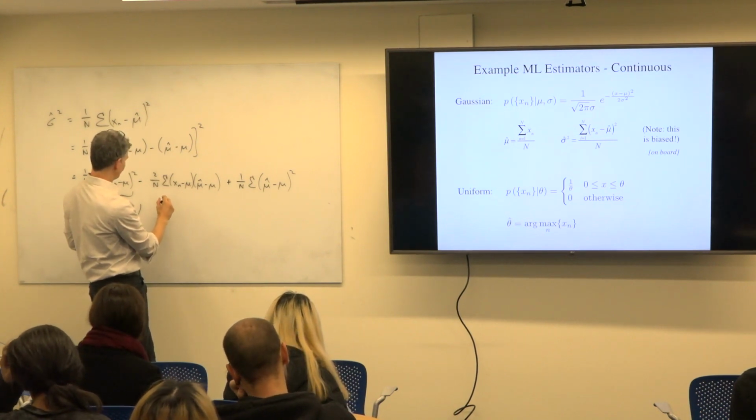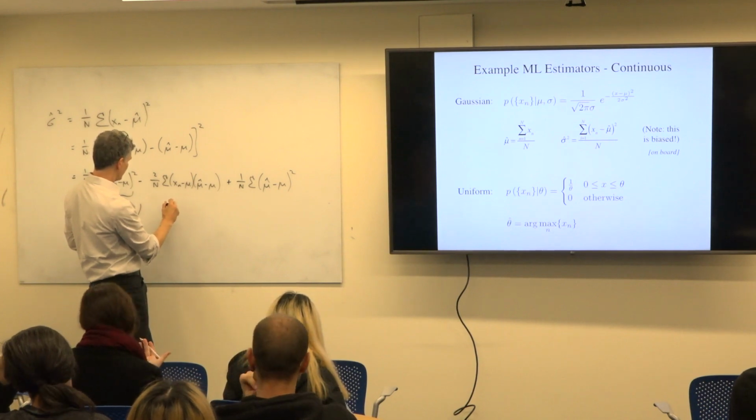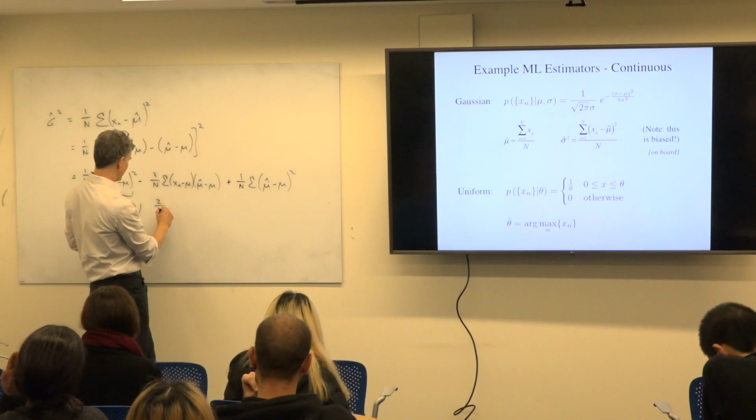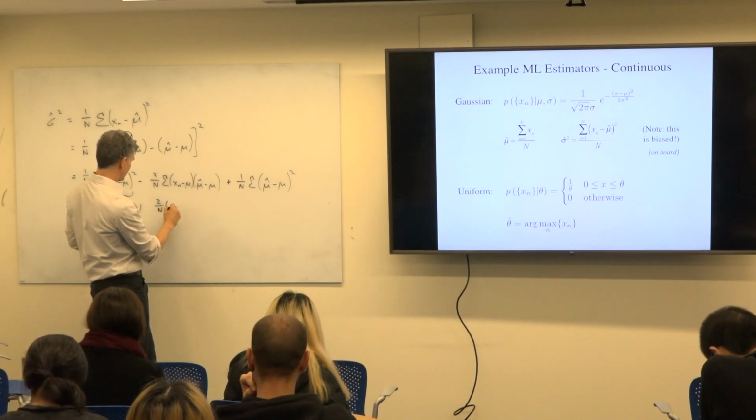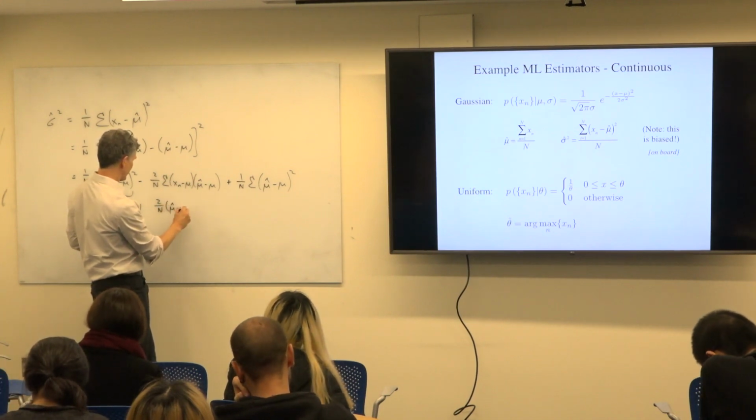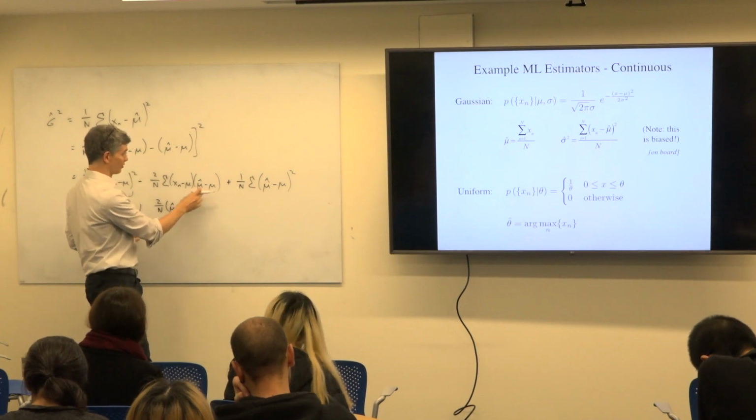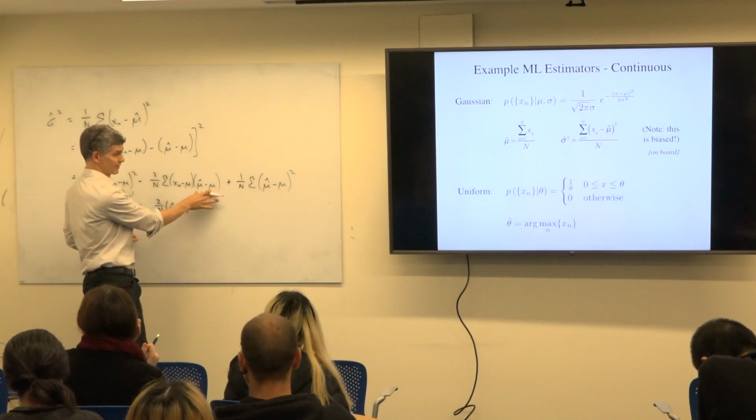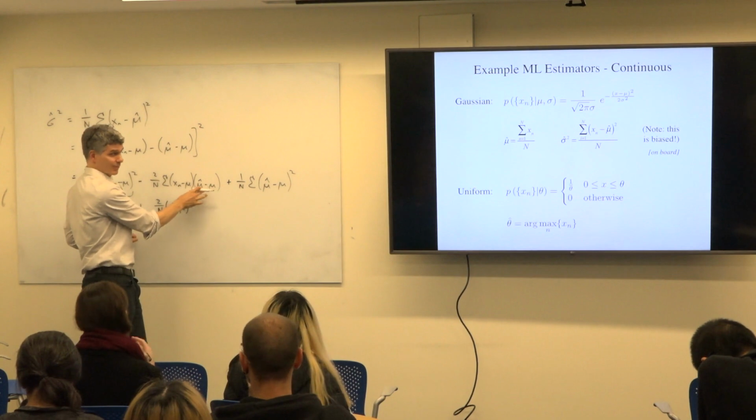Let's write this one as 2. I've got an n here, and I'm going to pull the mu hat minus mu out of the sum because there's no little n in it. I'm not summing over this. This is just a constant as far as this sum is concerned.